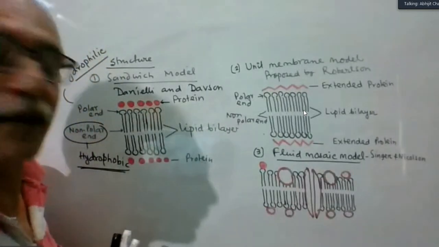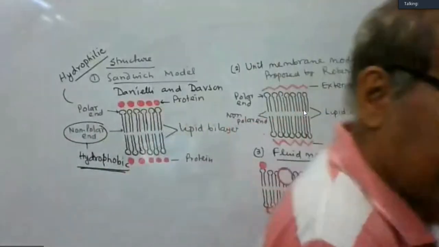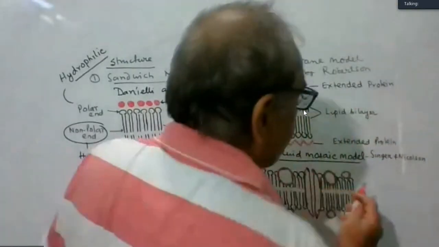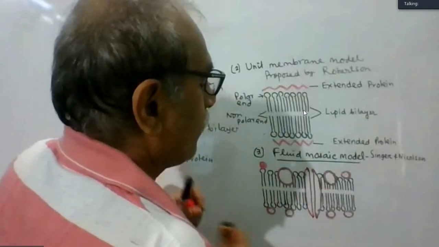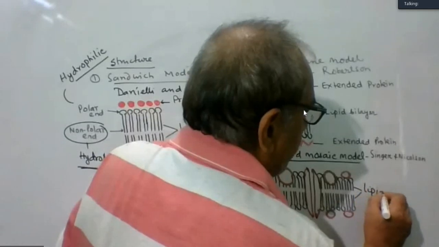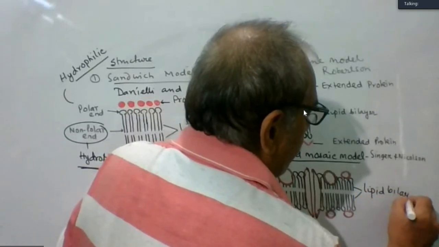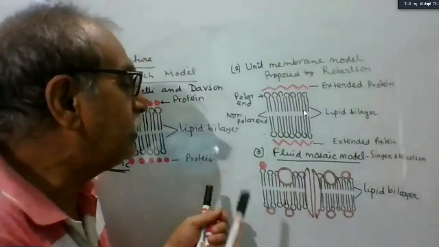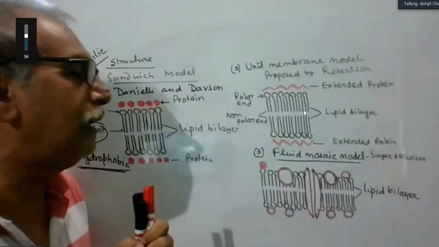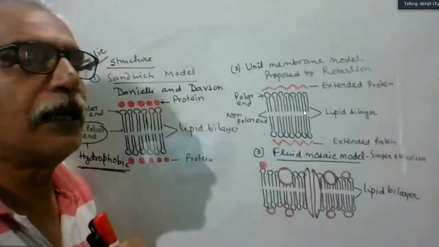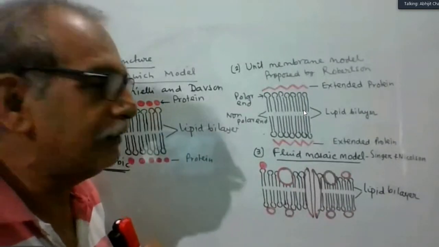Look here. Again, it is the lipid bilayer. But the proteins are either found attached to the lipid head or glycerol head, or they are found partially or fully embedded in the lipid bilayer.